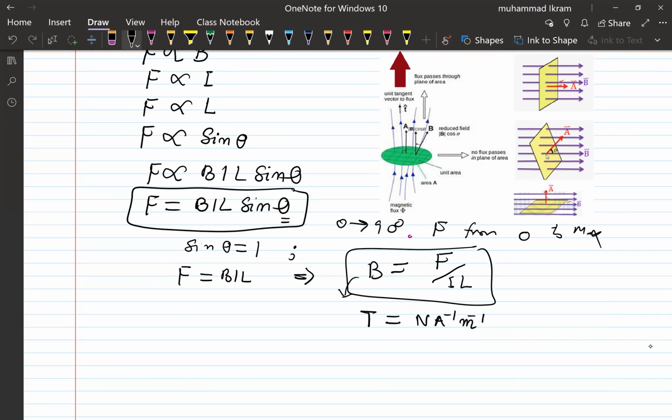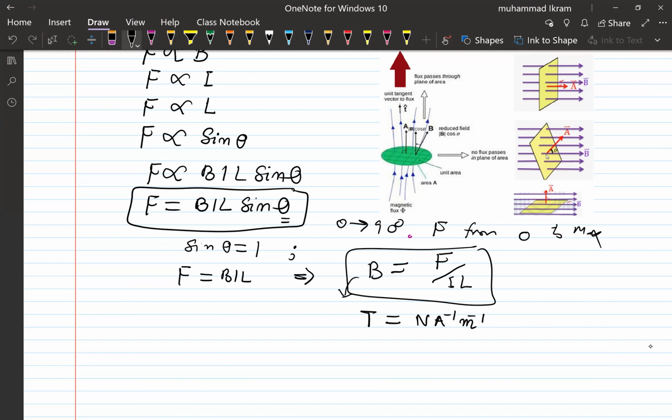The magnetic induction is said to be 1 Tesla when 1 ampere of current through a 1 meter conductor experiences a mechanical force of 1 Newton. So the unit of the magnetic field strength is 1 Newton per ampere per meter.